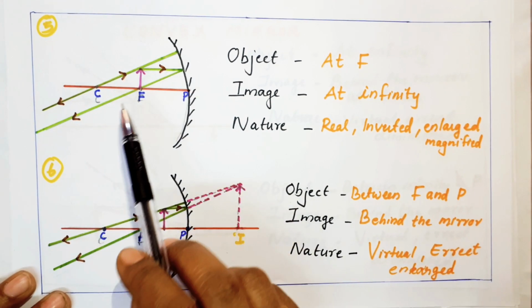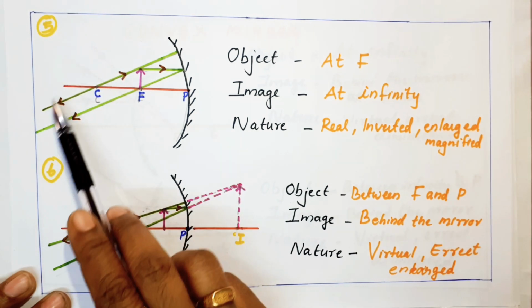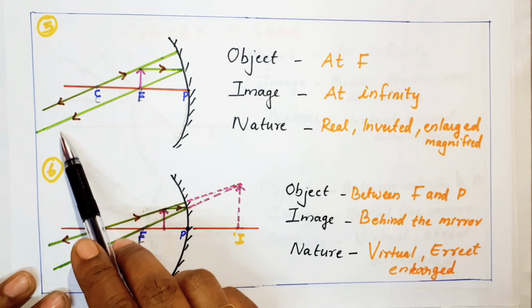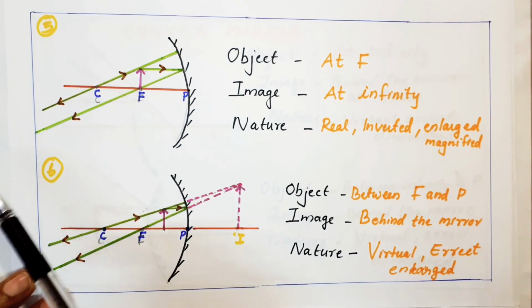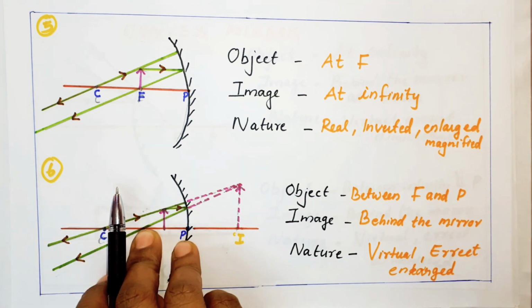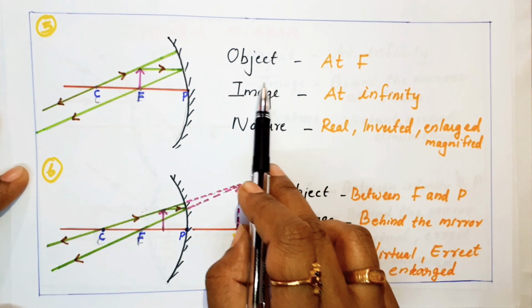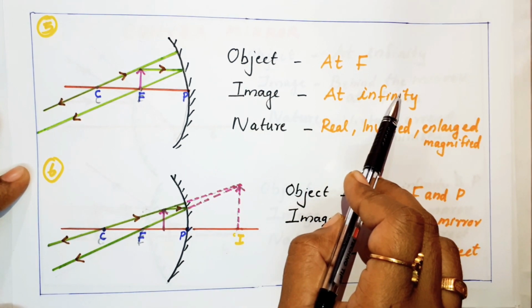If you see this, these rays never intersect because these two are parallel rays. They cannot intersect. So we assume that they are intersecting at a very far point. So if your object is at F, your image is at infinity.